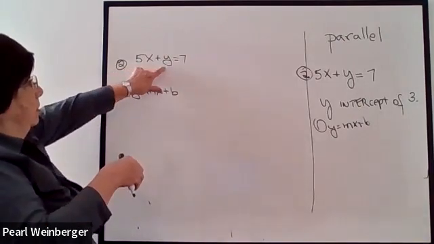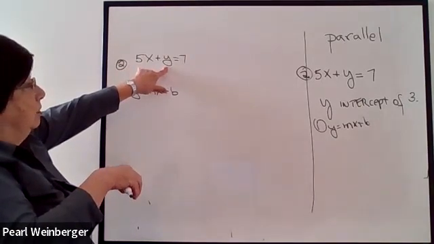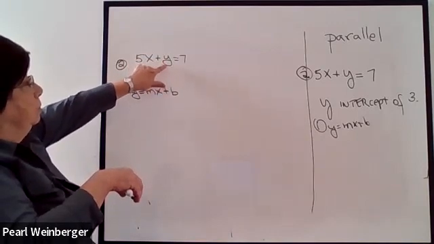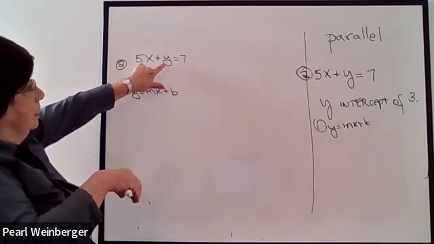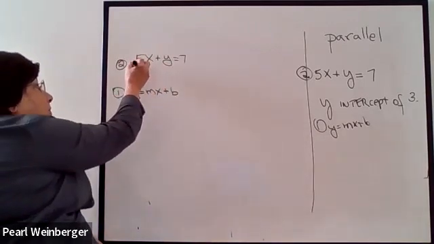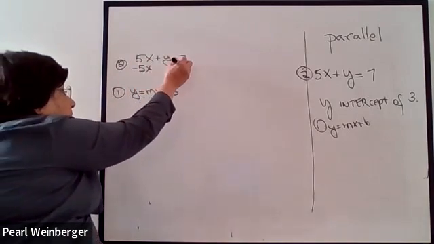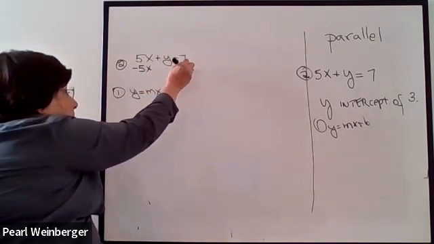Well, the problem with this is that the equation is not in the y equals mx plus b form. The first thing I have to do is take the line that they gave me the equation of and put it in the y equals mx plus b form, which means I've got to bring this 5x to the other side.